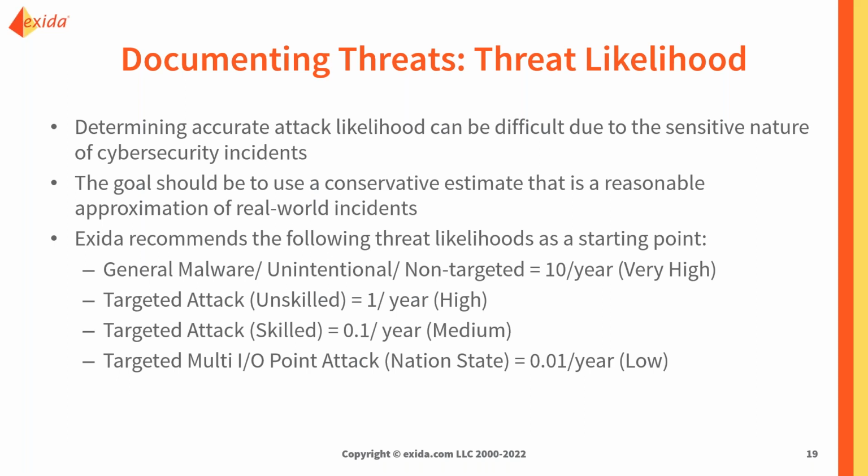The other approach is to acknowledge that, again, we don't have as much data, but we know that the relative likelihood of cybersecurity attacks differs based on the level of skill, and to try to estimate the likelihood that way by still being conservative, but documenting that a general malware attack may happen at a very high frequency, and is something where an organization is going to face that more often than, say, a nation state type attack.